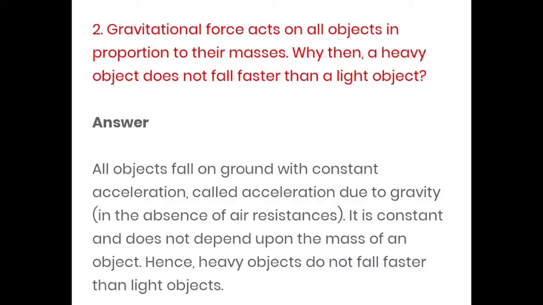It is constant and does not depend upon the mass of an object. As we know, the expression of small g is equal to G capital M divided by r square. Hence, heavy objects do not fall faster than the light objects.